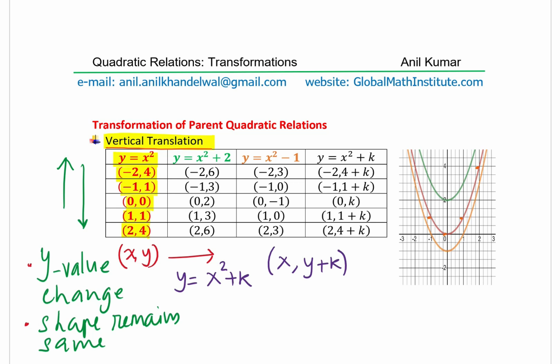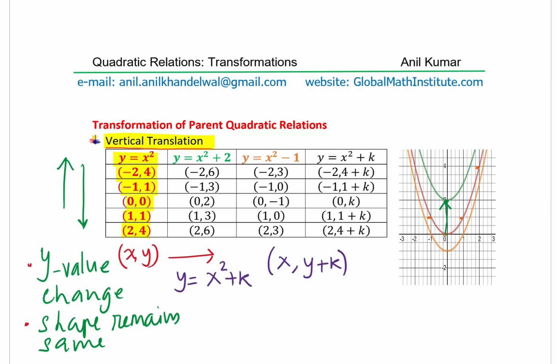Now, keeping that in view, we have two examples here. In one example, we are saying that green color for x squared plus 2, where k is positive 2. The graph is shown right there, and you can obtain the graph by moving 2 units up. So the point which was at 0 has now moved 2 units up.